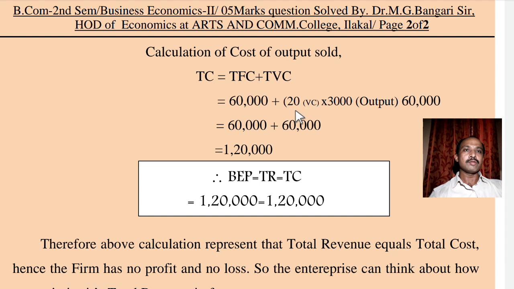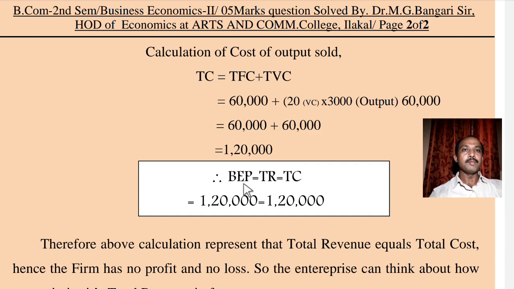To get TVC we use 20, the variable cost per unit, into 3,000, the output. So 20 into 3,000 equals 60,000. Hence 60,000 plus 60,000 equals 1,20,000.